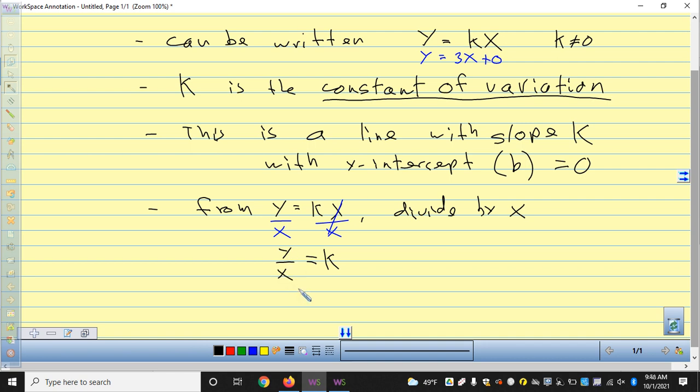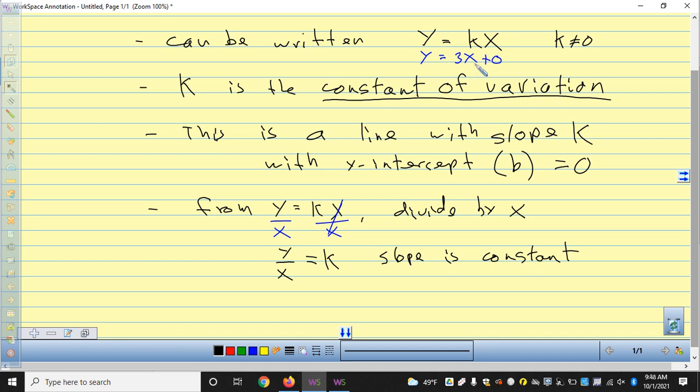The constant of variation, the slope, the rate of change, the rise over the run, is constant. So however we want to say slope, rise over run, rate of change, the slope is constant. Y over x is always a constant.